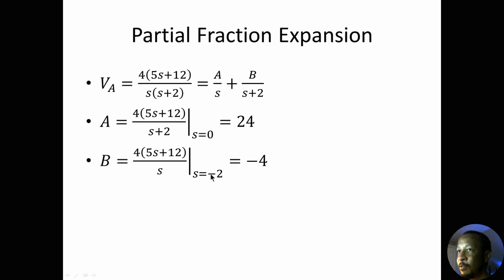But of course, you have to maintain your consistency, and s must be evaluated also at negative 2 on the left side for this situation. Once you evaluate this expression with s equals negative 2, you get B equals negative 4. Okay, so finally we have that VA equals 24 over s minus 4 over s plus 2. And that is your final expression still in your s domain.